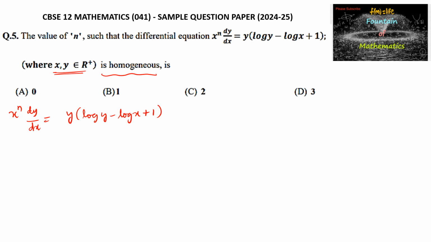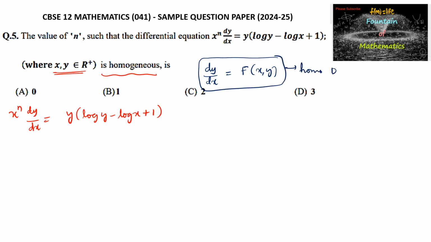We know that the equation dy by dx is equal to f of x comma y is said to be a homogeneous differential equation if, for lambda a real number constant, f of lambda x comma lambda y is equal to lambda to the power of n into f of x comma y. It's a homogeneous differential equation of order n.